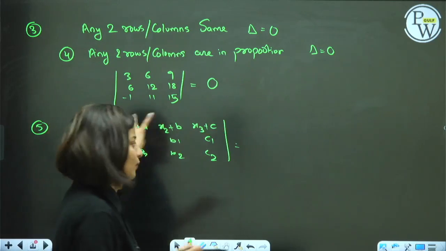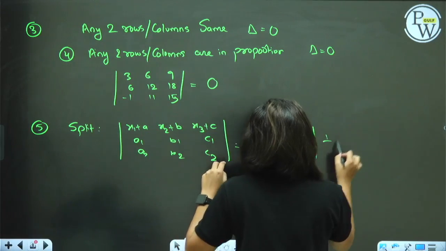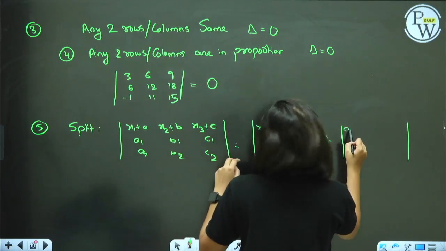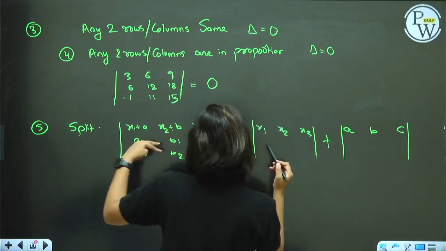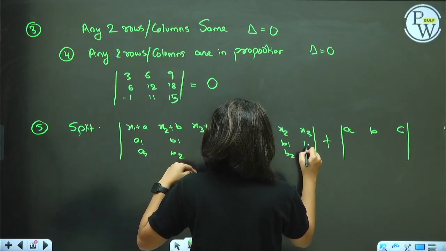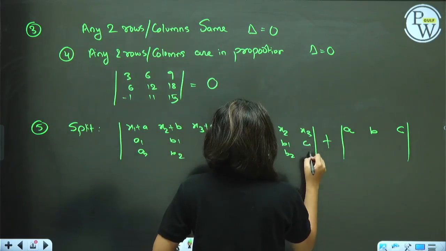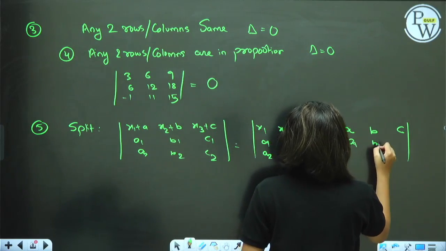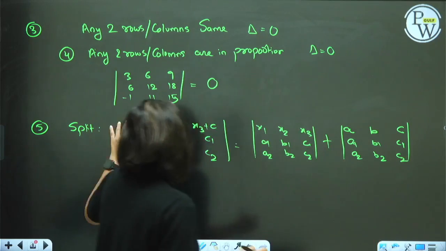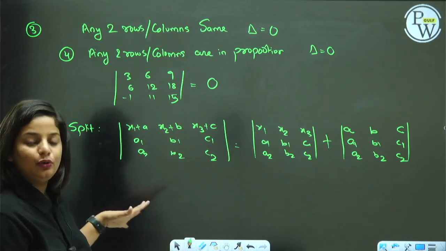If I split row 1 into two parts, the first part will have x1, x2, x3. The second part will have a, b, c. The rest of the two rows remain as they are. So your row 1 is divided into 2.